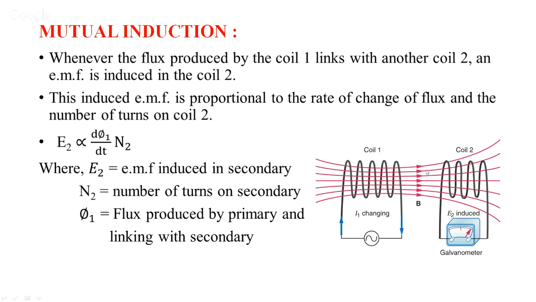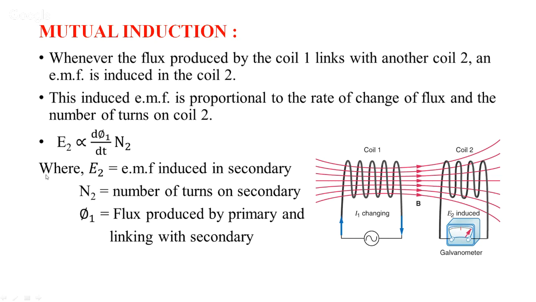Thereby the flux linking with the second coil varies, and an EMF is induced in the second coil. Therefore, this induced EMF is proportional to the rate of change of flux and the number of turns on coil 2.